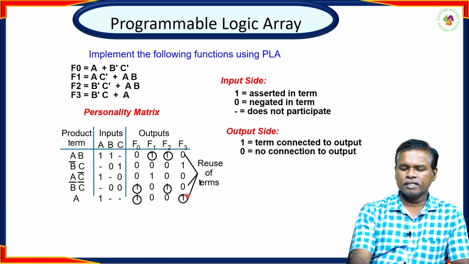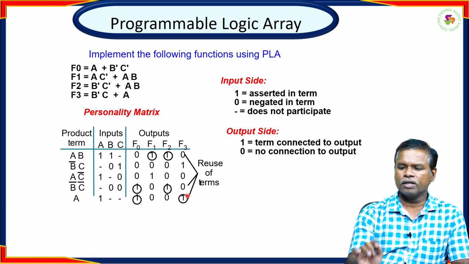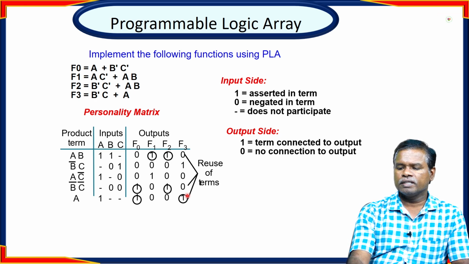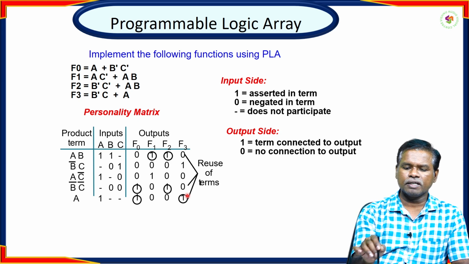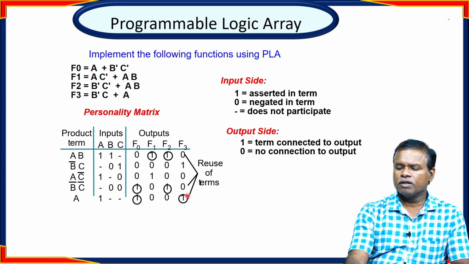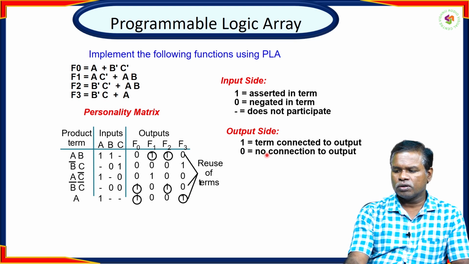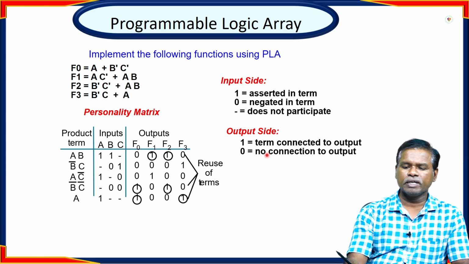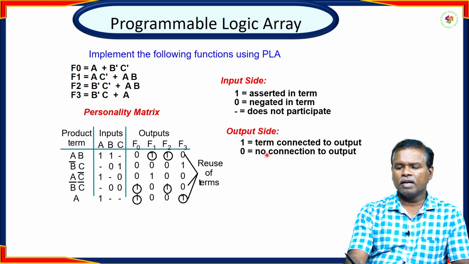Wherever there is a dash mark corresponding to any variable, that variable is not part of that product term. Whereas on the output side, 1 indicates the product term is connected to the output, whereas 0 indicates the product term is not connected to the output. So that is the meaning of this table as well as the input and output notation.